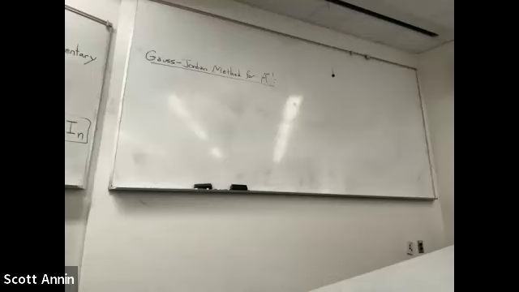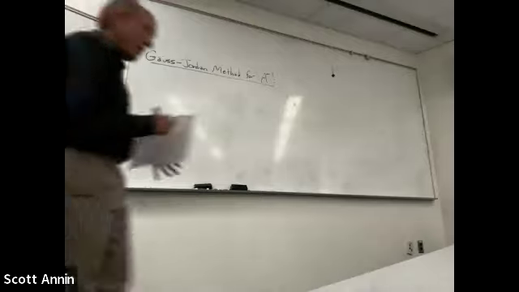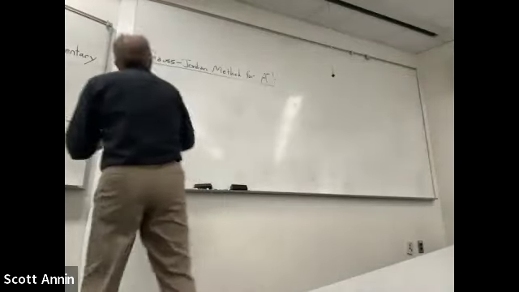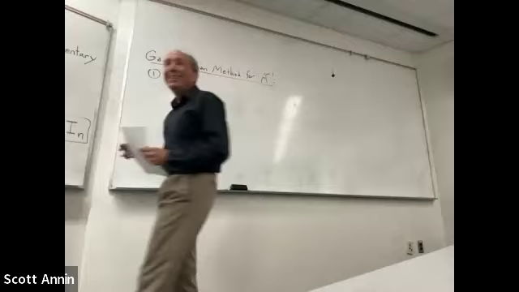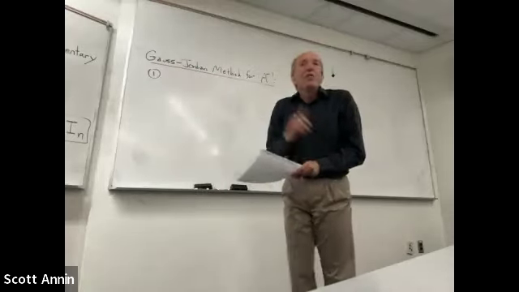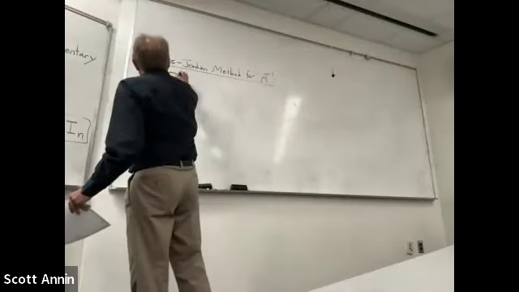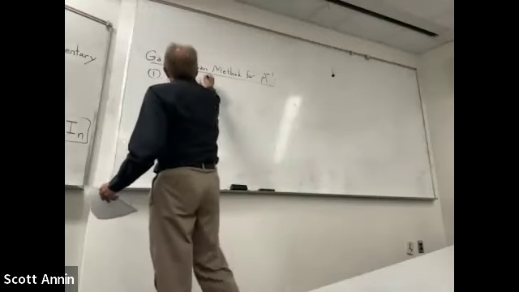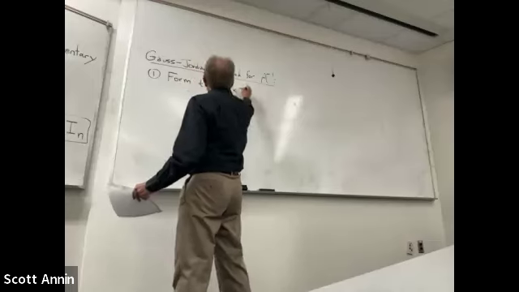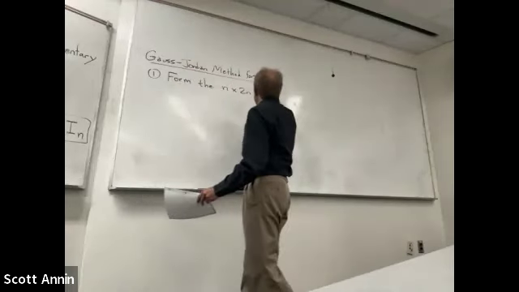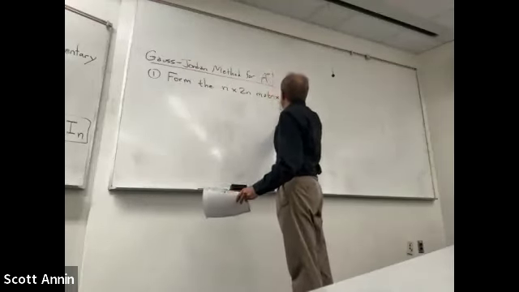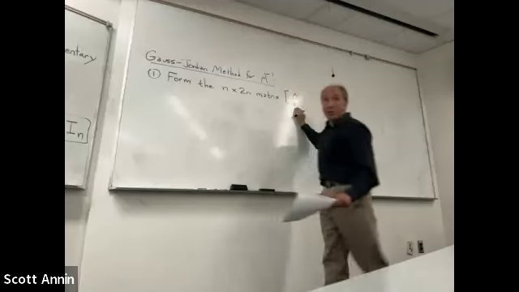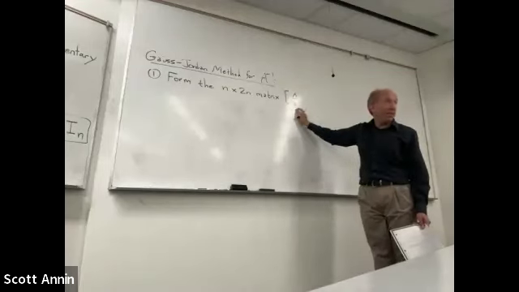So the Gauss-Jordan method is a procedure for finding the inverse of A. And it just comes in 2 steps. The first step, here's how you're going to do it, guys: you form the n by 2n matrix where you put your matrix A on the left side of it.